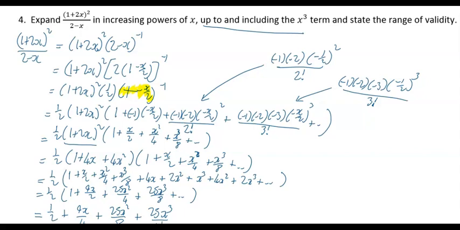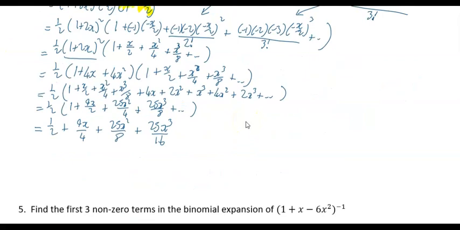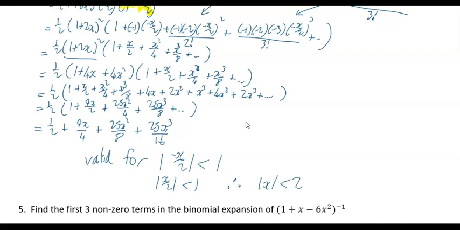So what we want really is to say that this is valid for minus x over 2. The modulus of minus x over 2 is less than 1. Remember, that's the same as the modulus of x over 2 is less than 1, which then gives you the modulus of x is less than 2.